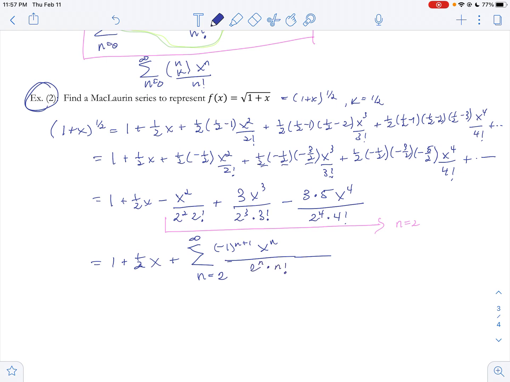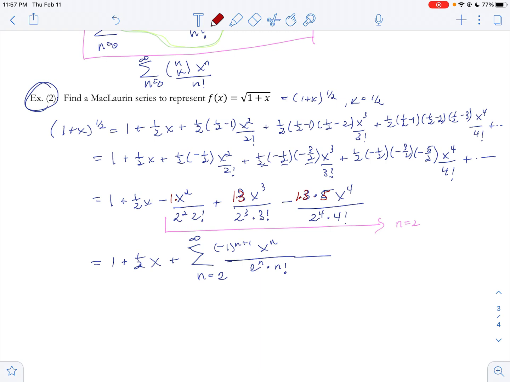Now we still have to deal with those coefficients, which are a little bit challenging. You can think of this as 1 times x squared and 1 times 3 times x cubed and 1 times 3 times 5 times x to the 4th. So it seems like what happens is that we're getting all of the odd numbers. It's not really a factorial because it's not going 5, 4, 3, 2, 1.